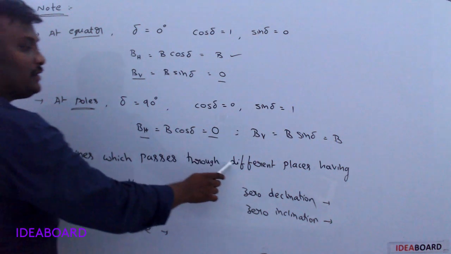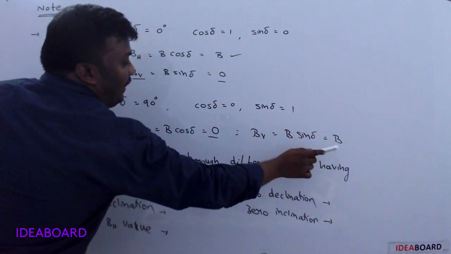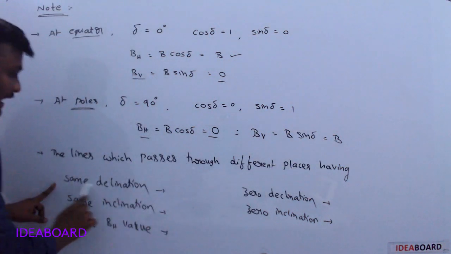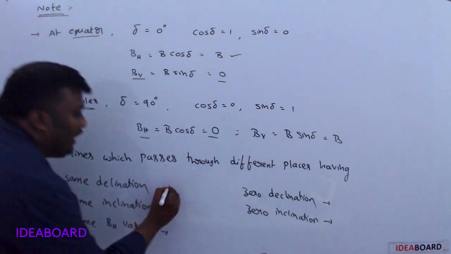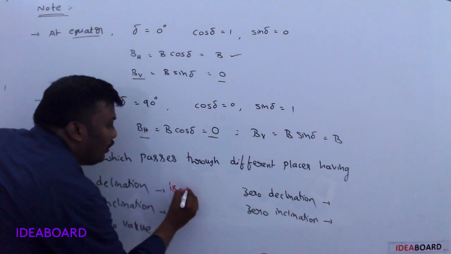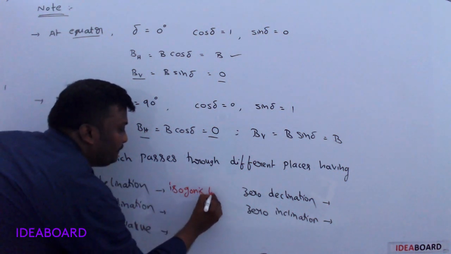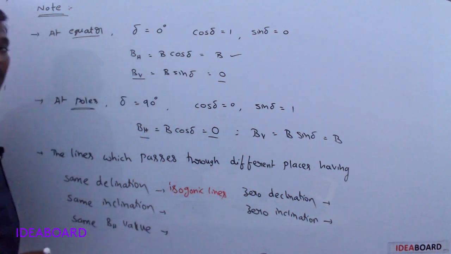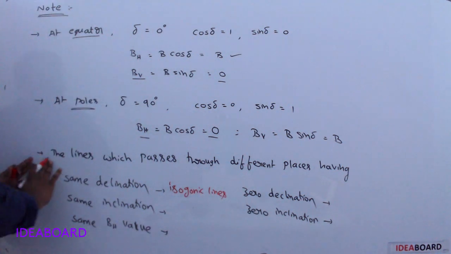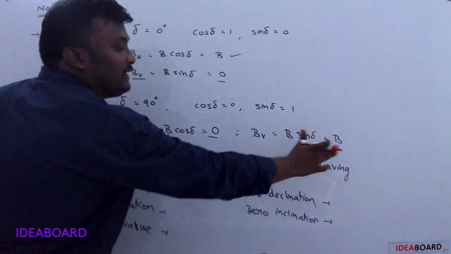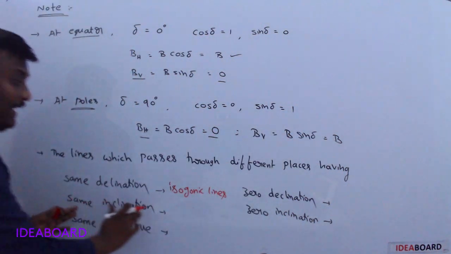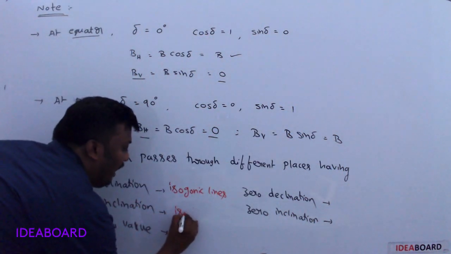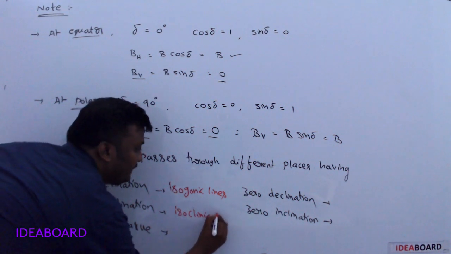The lines which pass through the different places on the surface of earth having same inclination are called isoclinic lines.